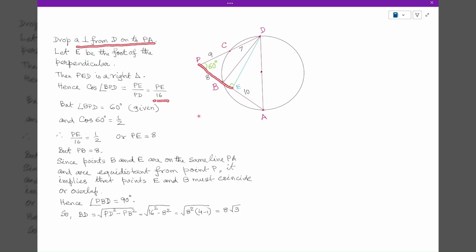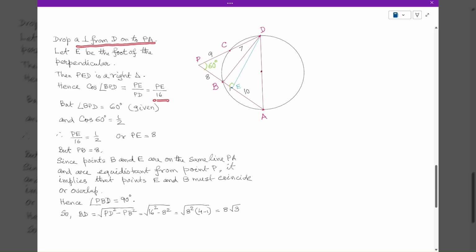And both of them, that is B and E, lie on the same straight line. Therefore, the point E and B must overlap or coincide. Hence, this angle will be 90 degrees, which you can show like this.